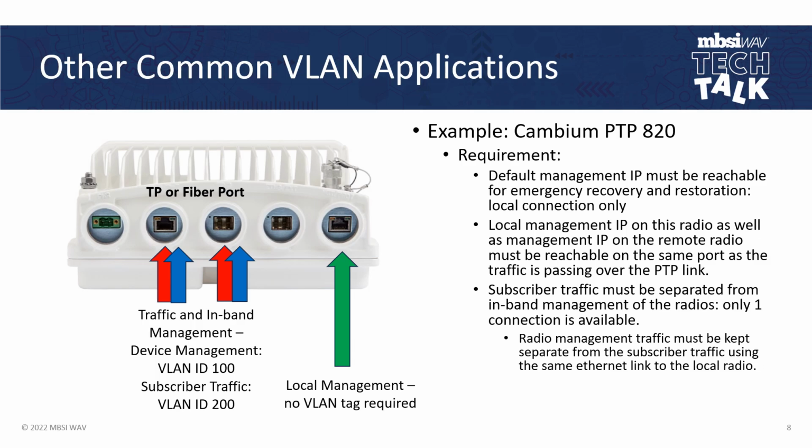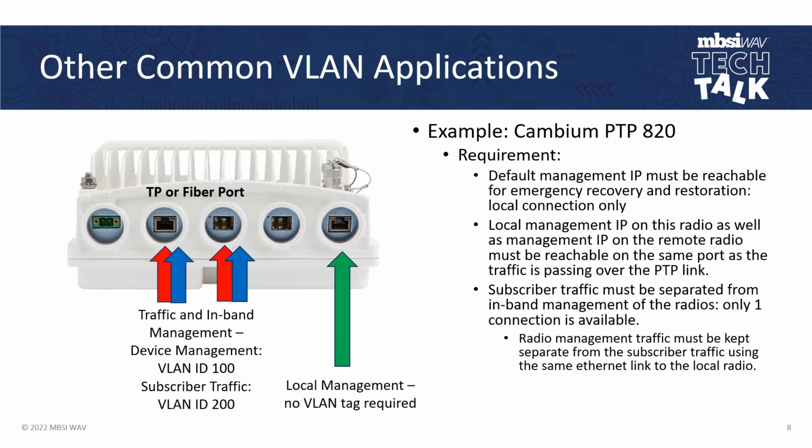And then in the third case here, my local management, there's no VLAN tag on it, and so I can just connect it to any computer locally and log into the radio and do whatever work I need to do on that particular radio. But the device management traffic, let's say, is the red arrows here.